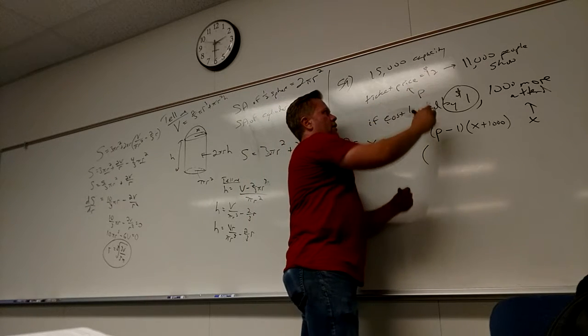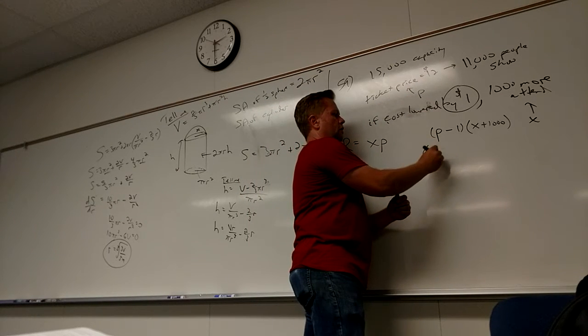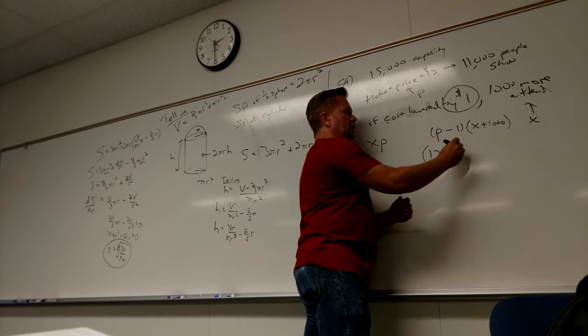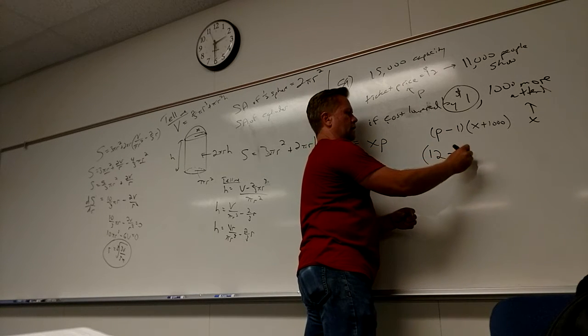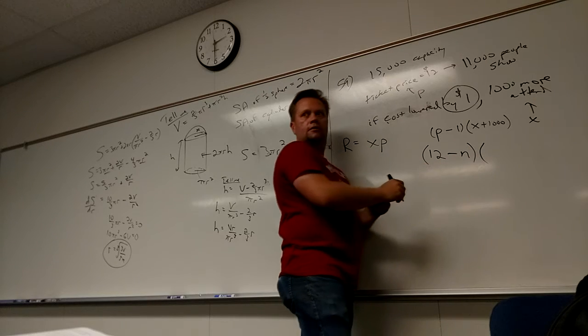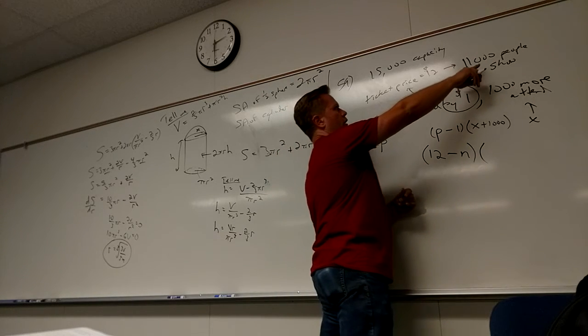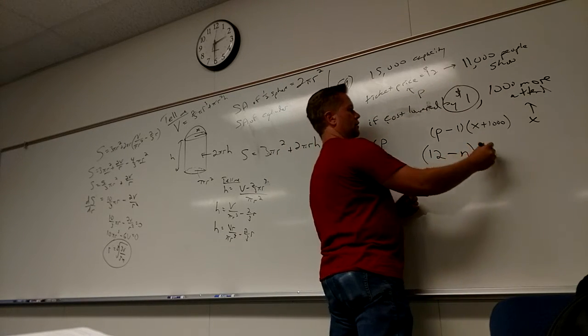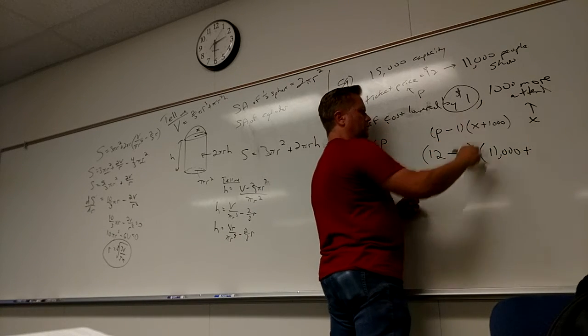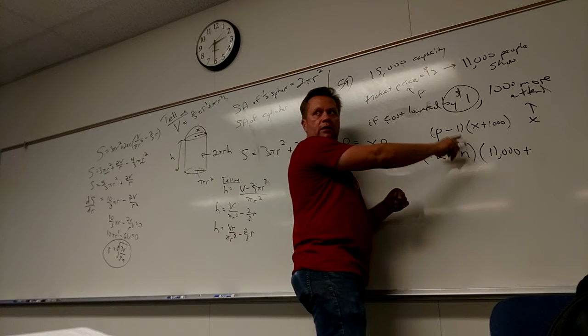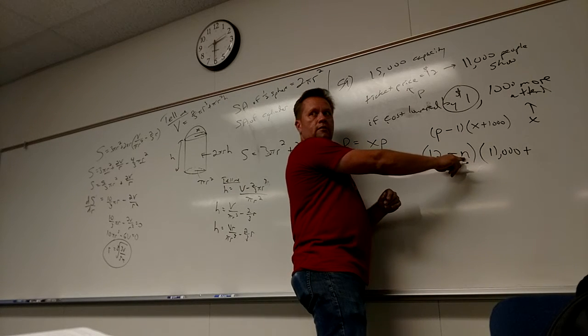But what's the ticket price right now? $12. Every time I lower it by $1, well, how many times will I lower it by $1? Let's say N times. And how many people are showing up right now for $12? 11,000 are showing up right now, but that's going to go up by 1,000 for every buck. Well, how many bucks did I lower it by?